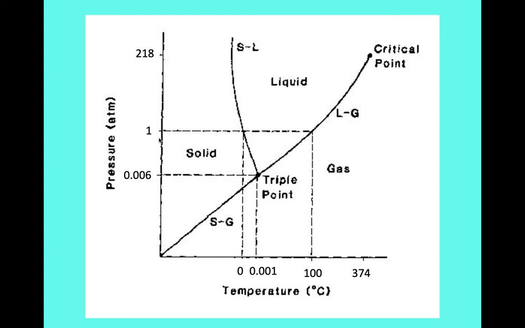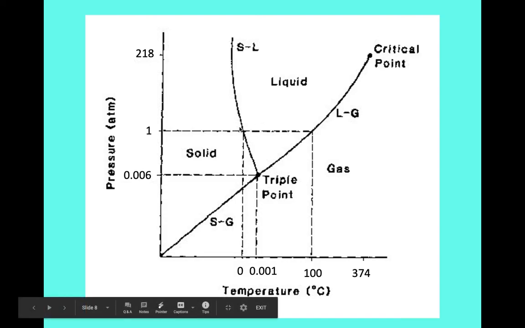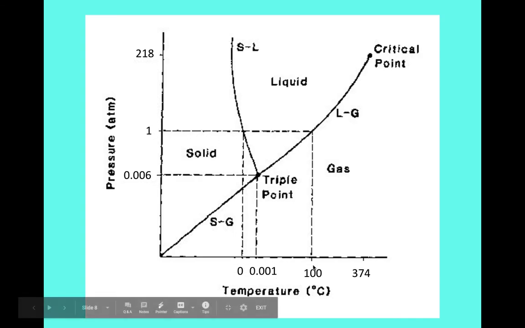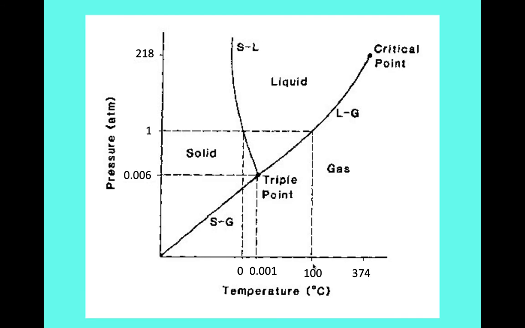So if we want the melting point, we know the first solid line is from solid to liquid. So here, our temperature would be 0 degrees Celsius. So at 1 atm and 0 degrees Celsius would be our melting point. If we want the boiling point, we're still at 1. This time we're going from liquid to gas. We can drop it down, and it's 100 degrees Celsius.